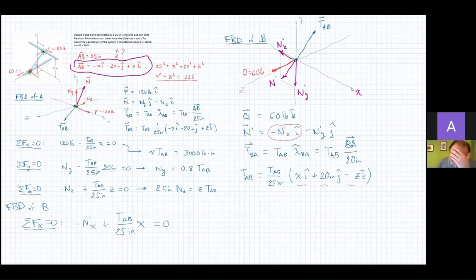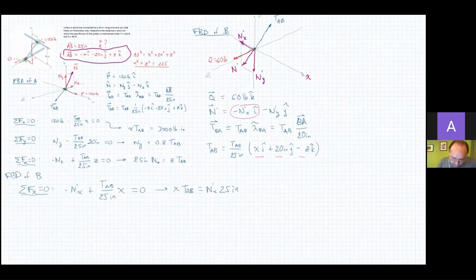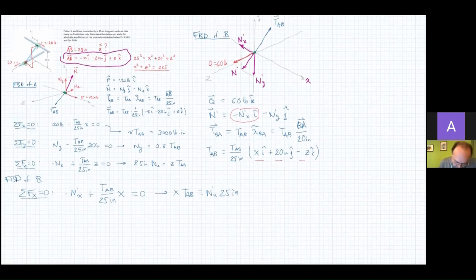So here we can write x TAB equals n prime x times 25 inches. Summation of forces in the y direction equals 0.